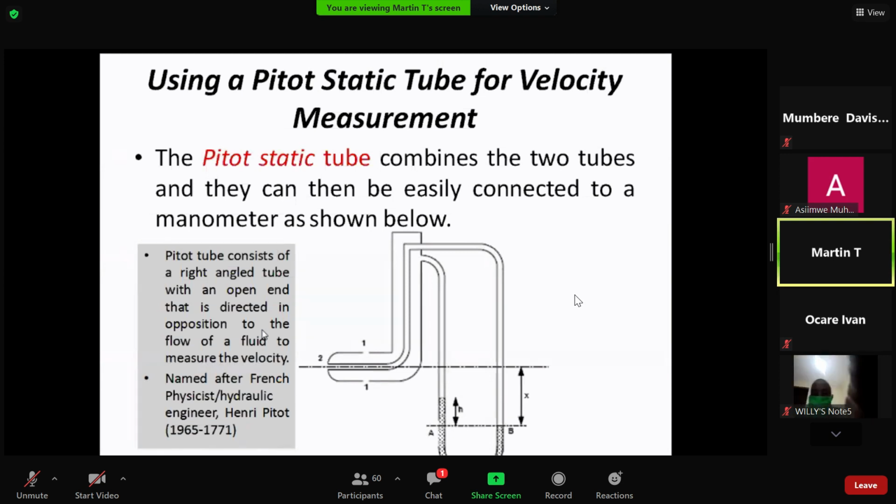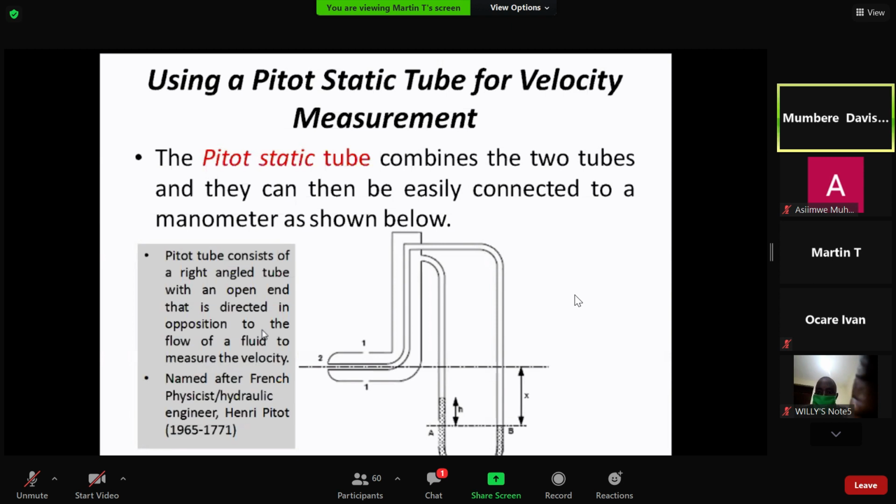Looking at the setup and from what we have discussed about static pressure and dynamic pressure. Is this assumption correct? The sketch. To rise at A. It will rise at A.